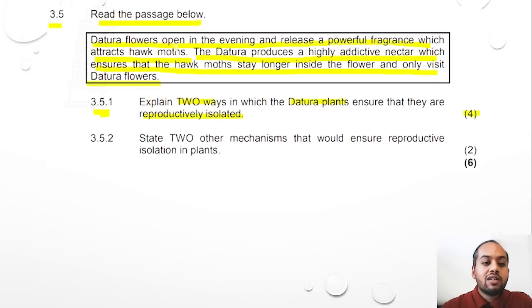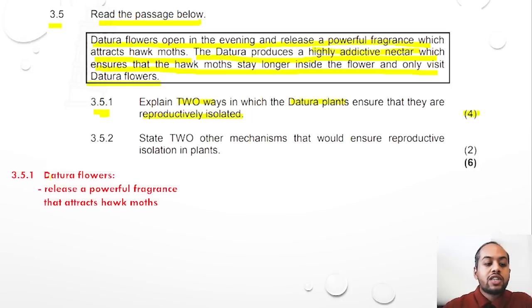So we go back to the paragraph. The flowers open in the evening and release a powerful fragrance which attracts hawk moths. The Datura produces highly addictive nectar which ensures that the hawk moths stay longer inside the flower and only visit the Datura flowers. So firstly, the Datura flowers release a powerful fragrance that attracts the hawk moths.